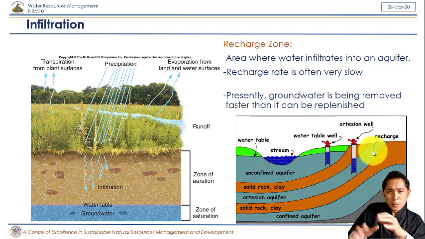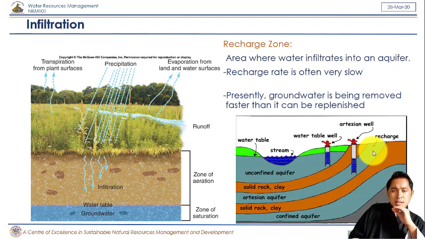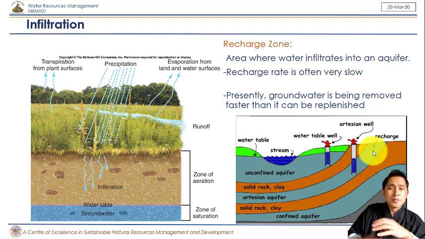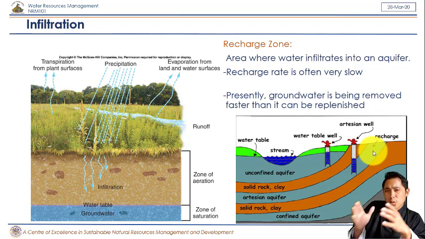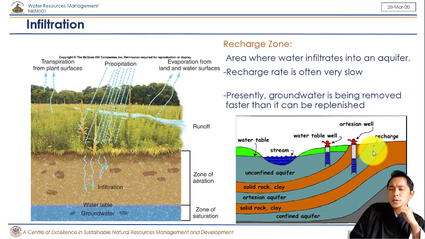We'll look at this in detail in a while, but just know that though we have ways to recharge, these recharge zones have to be identified properly and conserved properly, so that we know exactly from where we have to recharge. But most of the time we do not know from where we have to recharge.